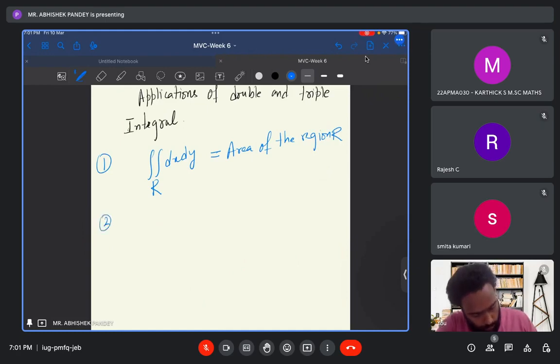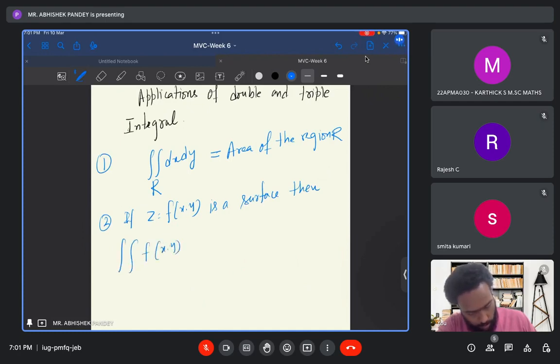Now, if z equals f of x comma y is a surface, then this double integral of f of x comma y dx dy over this region R, what is this?